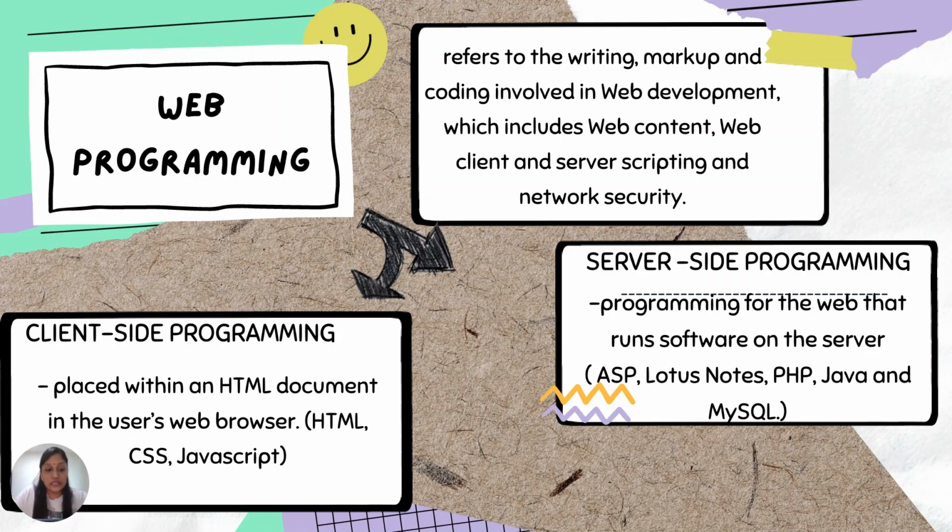So when users key in information, server-side programming enables users to customize and provide information based on their request. Programming tools used for client-side programming would be HTML, CSS, and JavaScript. As for server-side programming, tools used are ASP, Lotus Notes, PHP, Java, and MySQL.